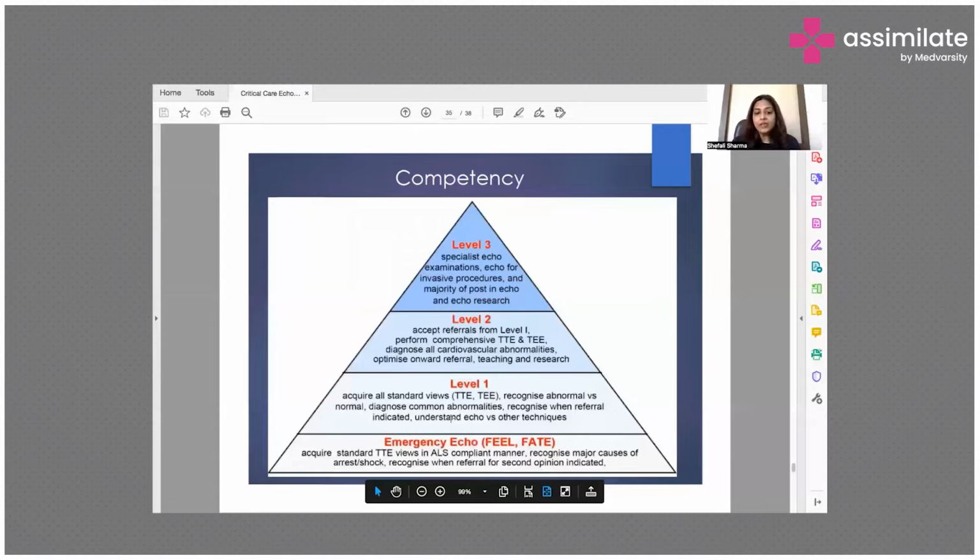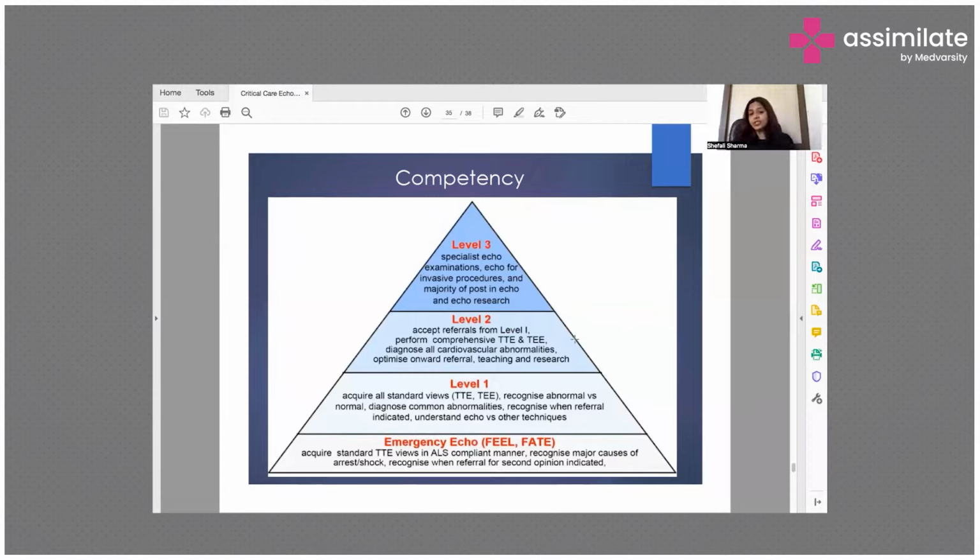Now, the level 1 competent person should be able to acquire all standard views, that is TT and TE, transthoracic and transesophageal, recognize abnormal versus normal, diagnose common abnormalities, recognize when referral is indicated, and understand echo versus other techniques.